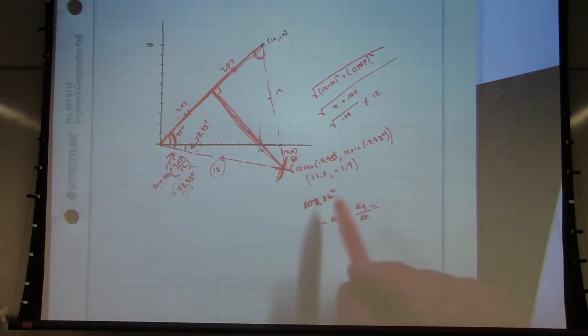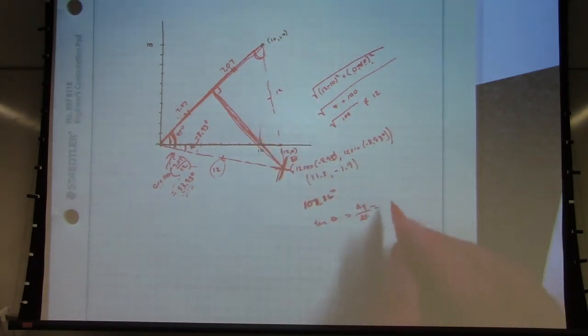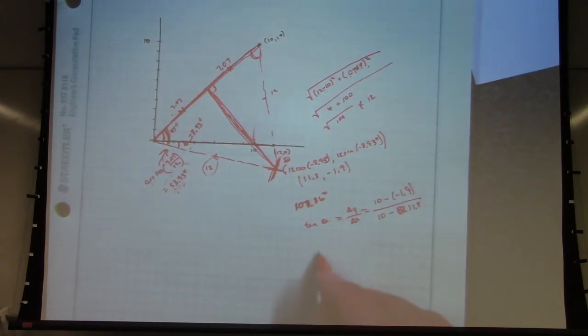So in this case, the change in y is going from 10 down to a negative 1.9, and the change in x's is going from 10 to a negative 11.8. So that means that our theta angle is going to be the arctangent of this value.